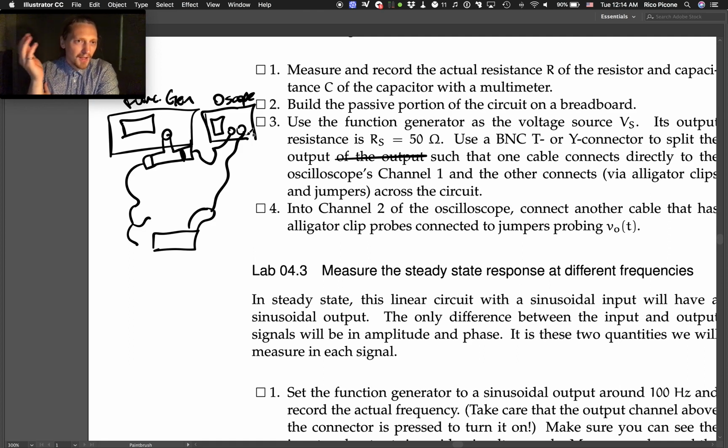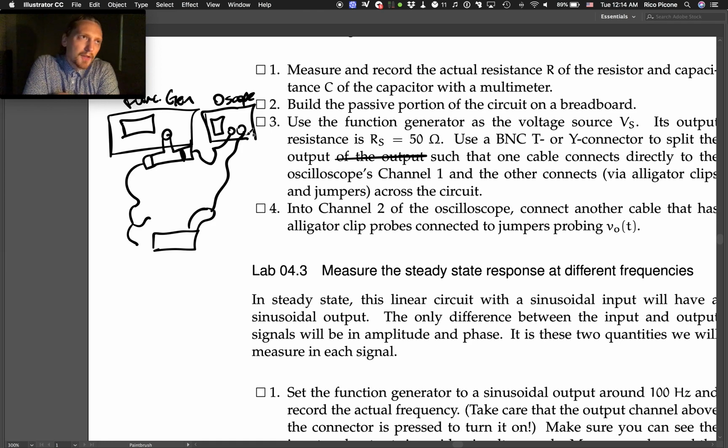I don't know why that was set. We're not using any amplification on the probe, so don't use that setting. Careful of that setting. You're going to get 10 times off for your measurements if you use it.